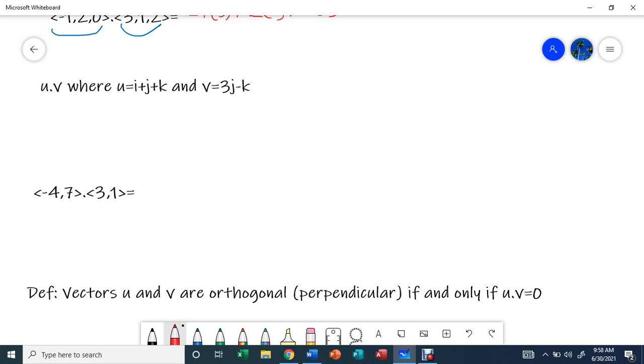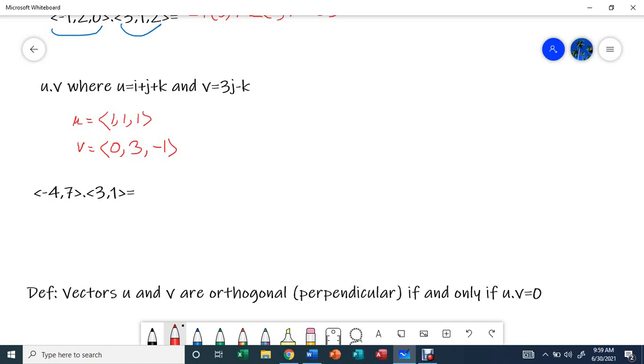For u, just take the leading coefficient of i, j, k. The leading coefficient of i is 1, so 1, 1, and 1. And for v, we don't have i, so go with 0. j is 3, k is -1.